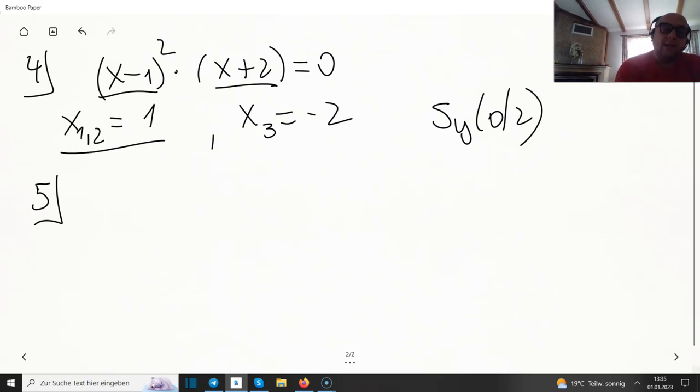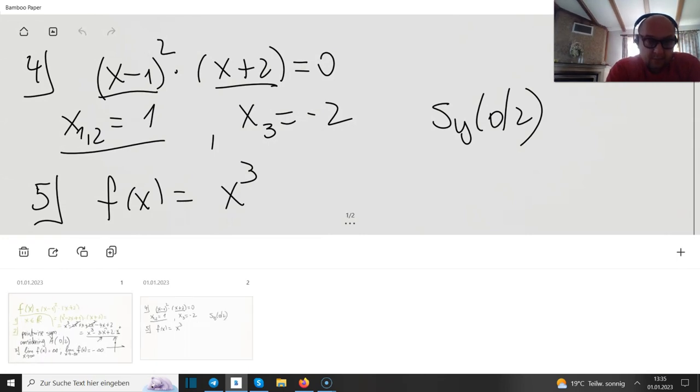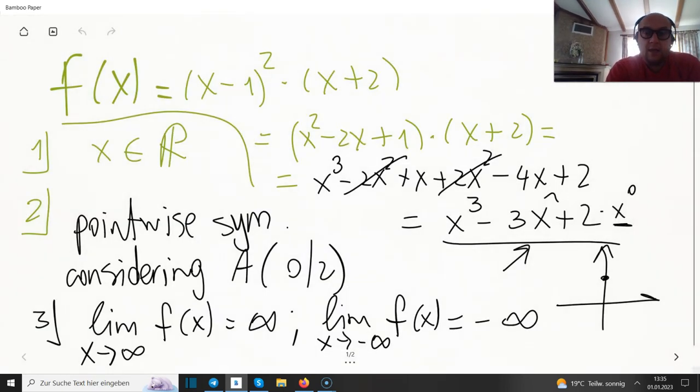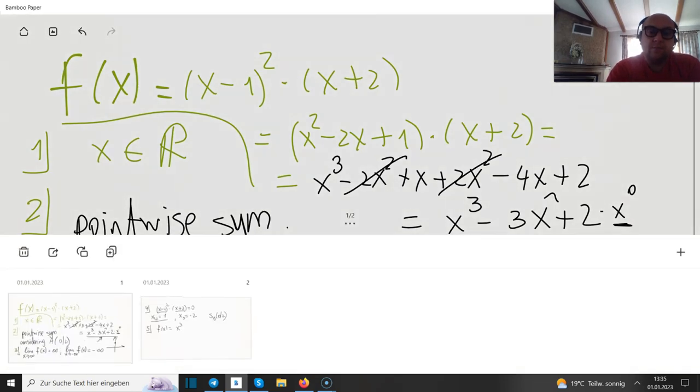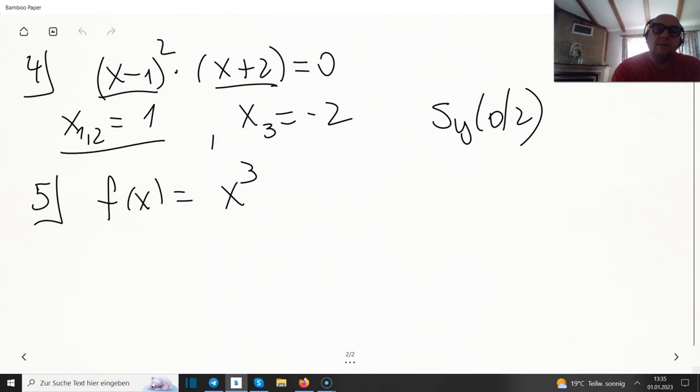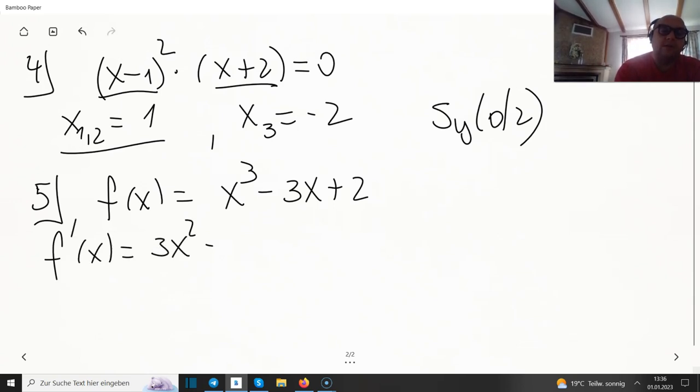Once again, for extreme values, we'd rather consider x cubed minus 3x plus 2. So what is the first derivative? This is 3x squared minus 3. If we put it equal to 0, we can divide it by 3 and get x squared equals 1.